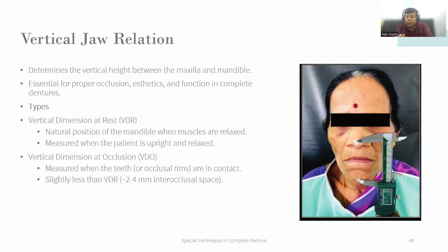So we have to record the right vertical dimension so that we can give the desired aesthetics and function to the patient. The types of vertical jaw relation are VDR, vertical dimension at rest, and VDO, vertical dimension at occlusion. We measure these two and make sure there is 2 to 4 millimeters of interocclusal space between these two vertical dimensions.